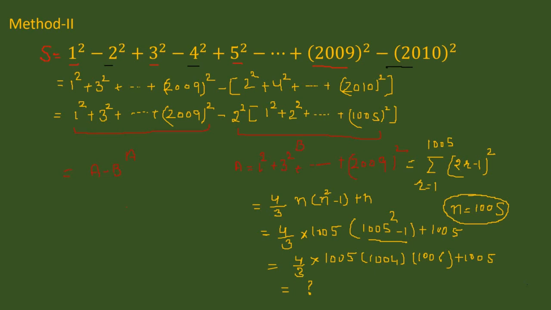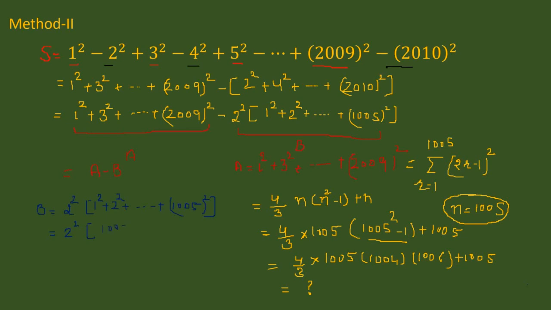Now we calculate B. B is 2 square times (1 square plus 2 square up to 1005 whole square). Now you can use the formula for the sum of squares of the first n natural numbers. What is n here? n is 1005.